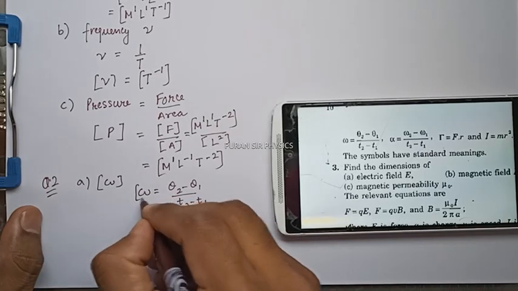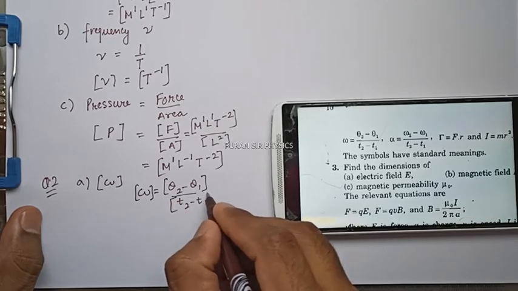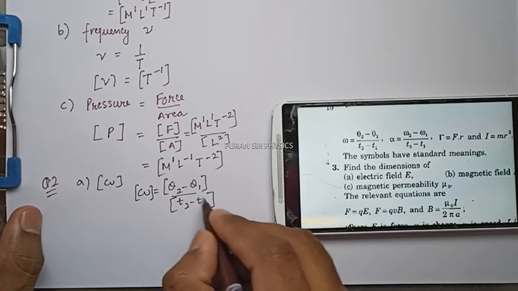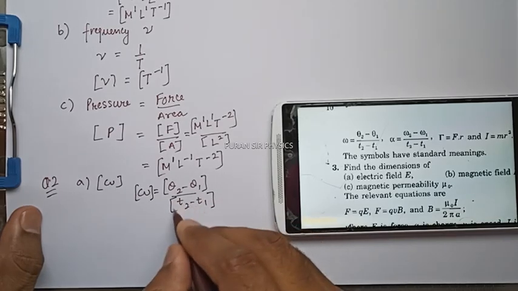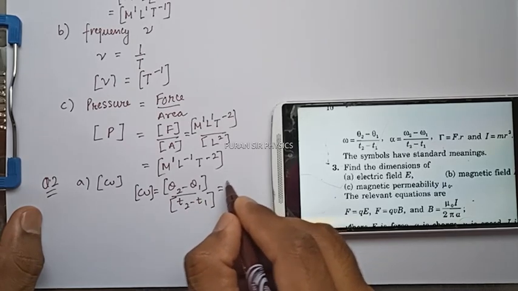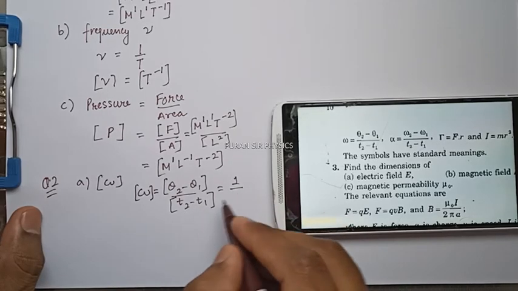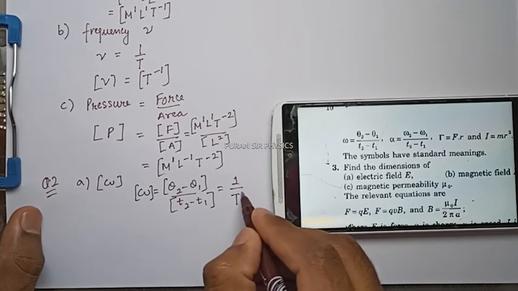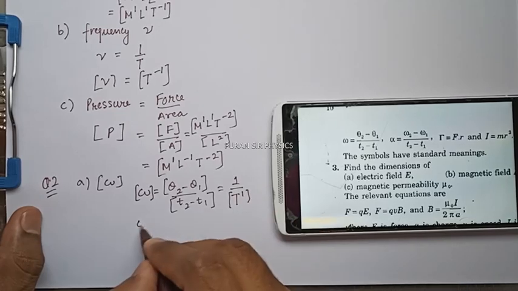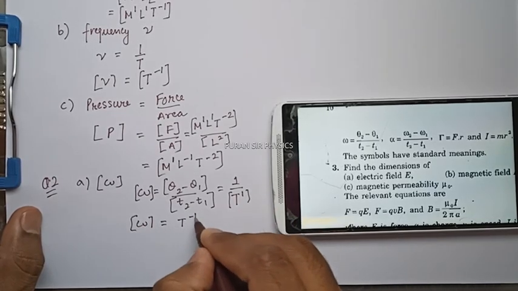So the dimension of omega will be the dimension of angular displacement upon the dimension of the difference of time, which has the dimension of time. It has no dimension, so we can write it as 1, and time is t raised to power 1. So the dimension of angular velocity will be t raised to power minus 1.